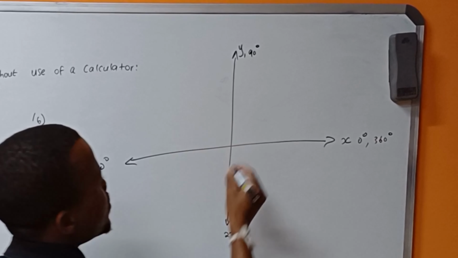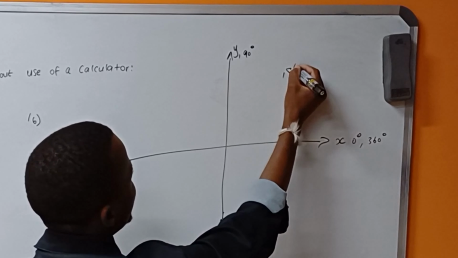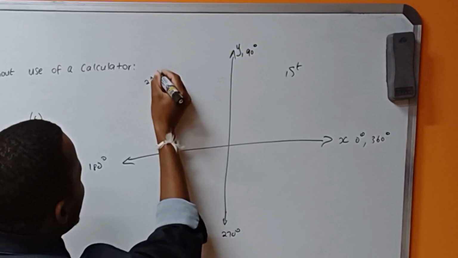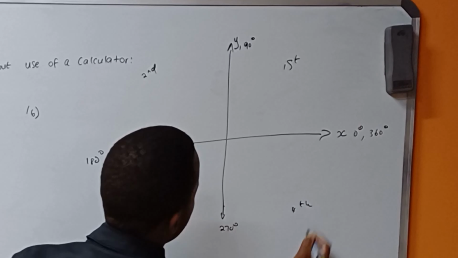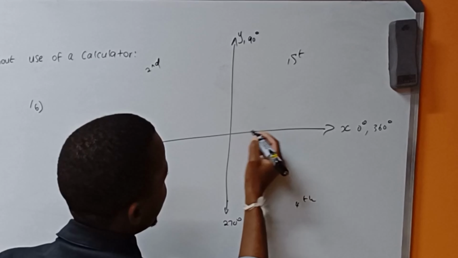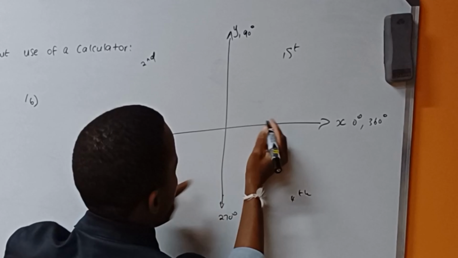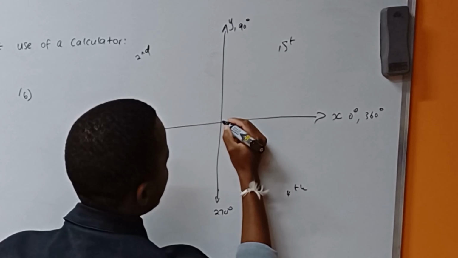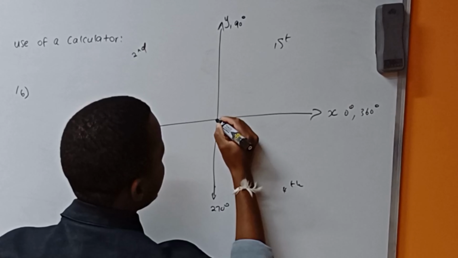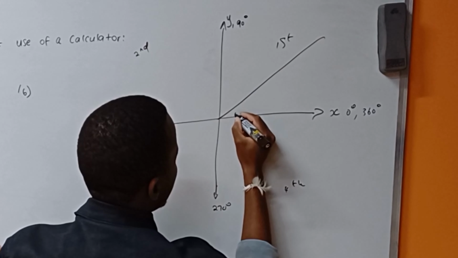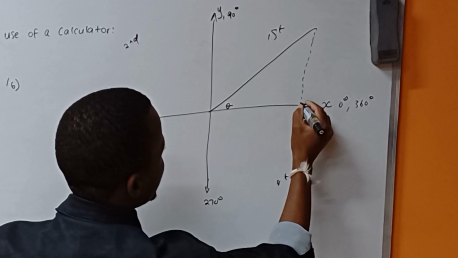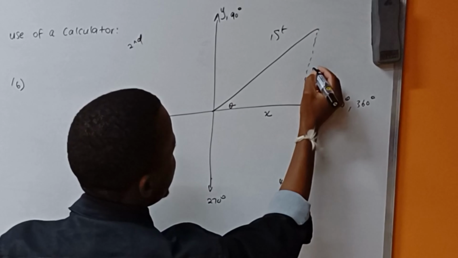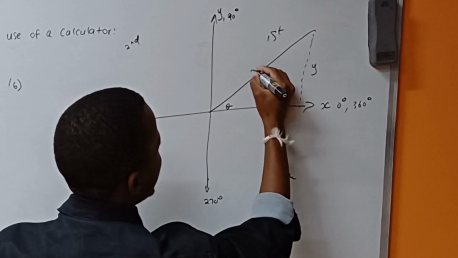This is the first quadrant, the second quadrant, the third quadrant, and the fourth quadrant. Here the angle is theta, here it's my x, here it's my y, here it's my r.